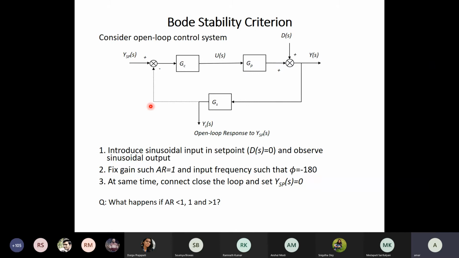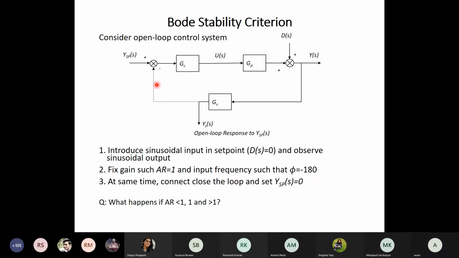We know for a process, if I give a sine wave as an input, then I will get a sine wave as an output with a specific amplitude ratio and phase difference. So here also I have given a sine wave in the YSPS, so I'll get in YS another sine wave with amplitude AR and phase difference phi. So I will get AR sine omega t plus phi.